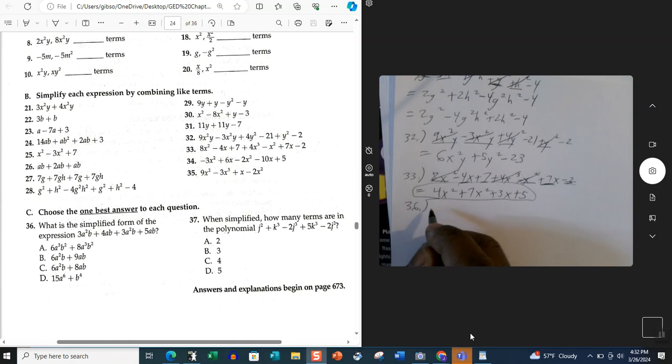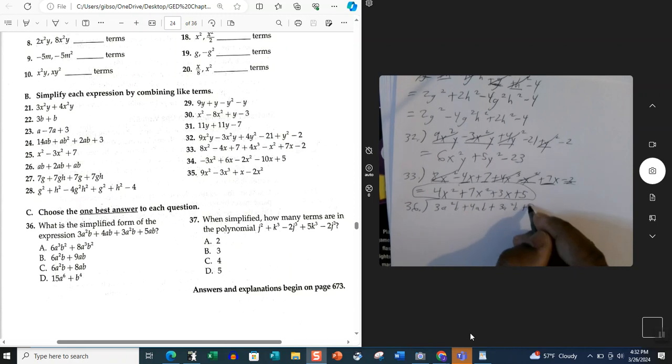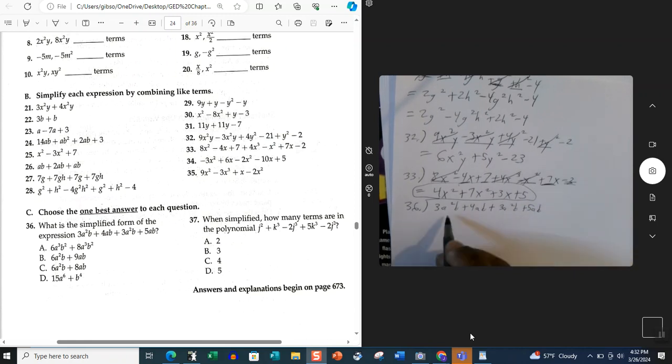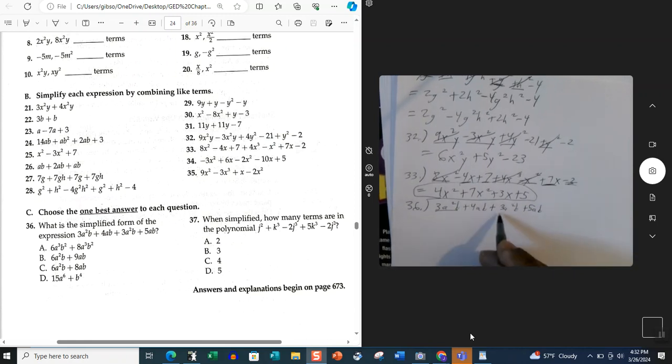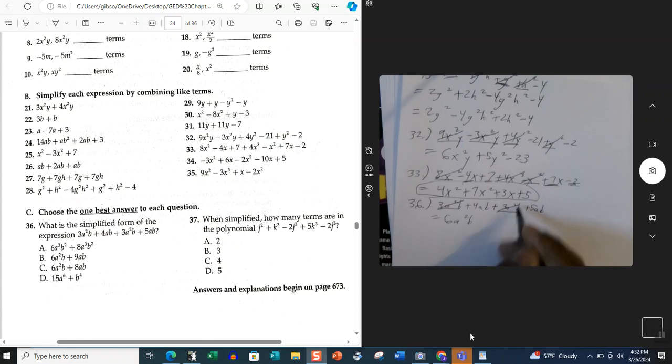Now, when we look at this, we have 3a squared b and 3a squared b, which is 6a squared b. Then 4ab and 5ab is 9ab. So our answer here would be B.